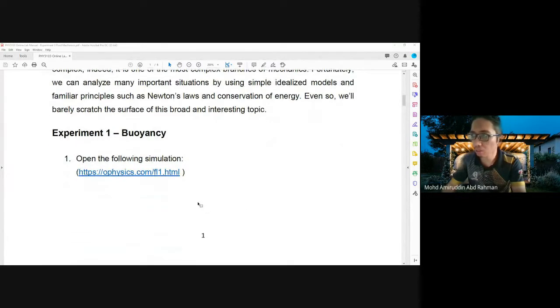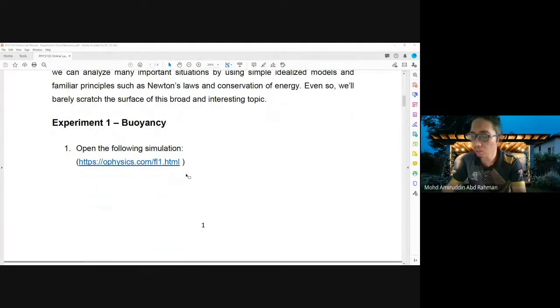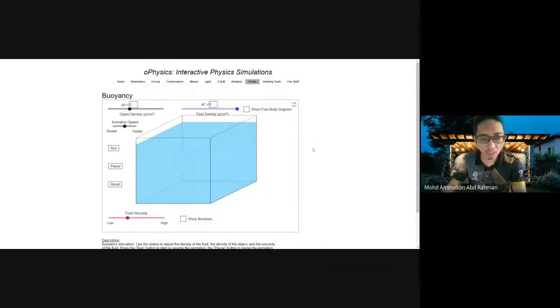Okay. So you can go to the following simulation. You can open the page. Okay. So basically, this is the experiment for the buoyancy.